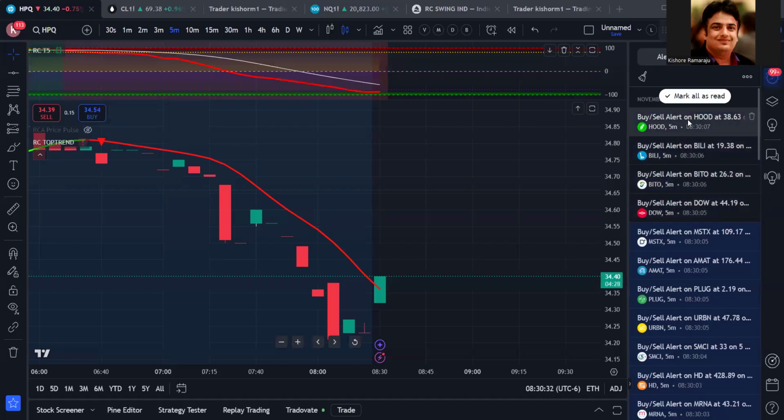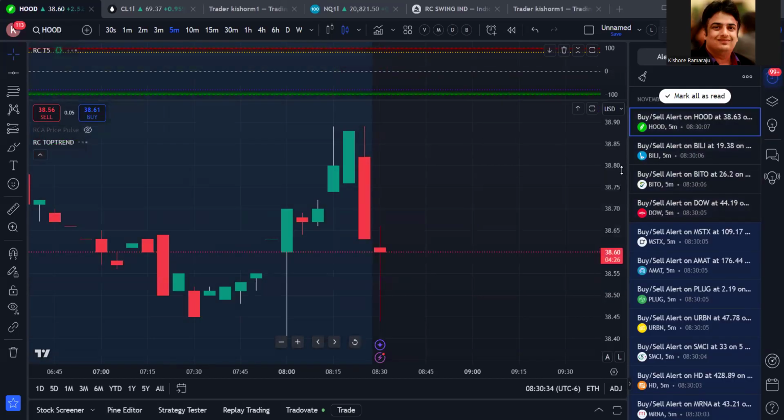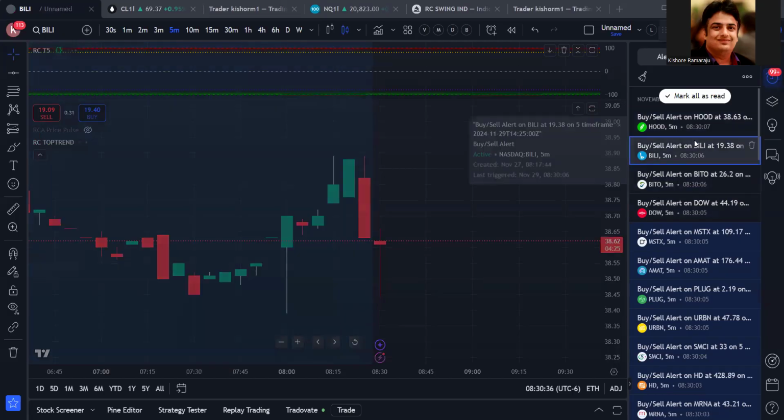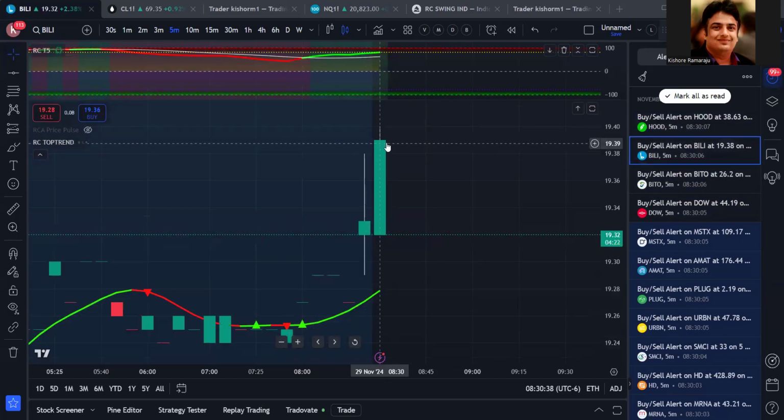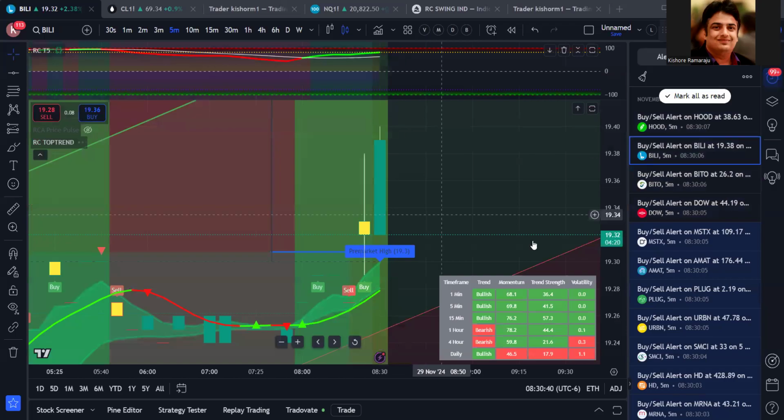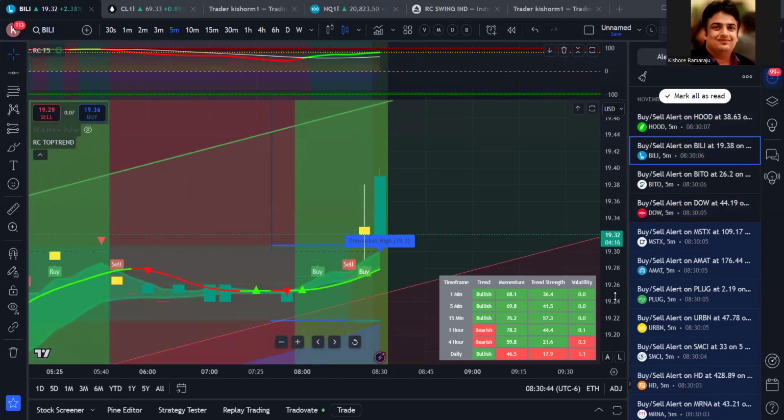Now you wait for the notifications. You can see Billy is trying to go up. So you can buy the stocks. For options, we can wait for some time, but for stocks, if somebody wants to buy Billy stock, they can buy around 19.3.